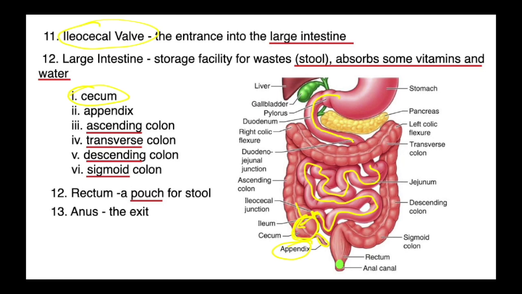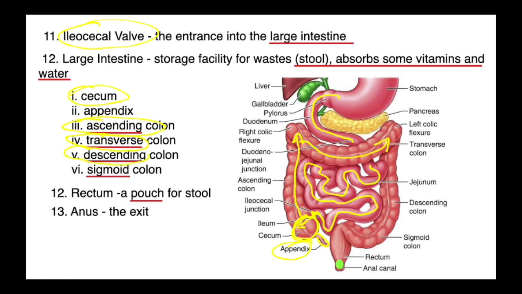Now, as food goes up, that's called the ascending colon. So large intestine and colon are synonyms. This is your large intestine or your colon. Okay. Then transverse means go across.